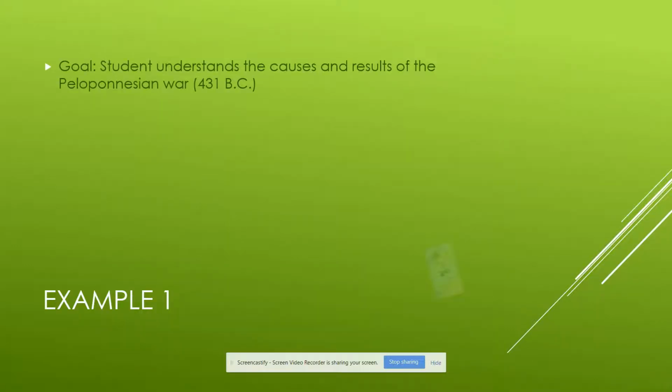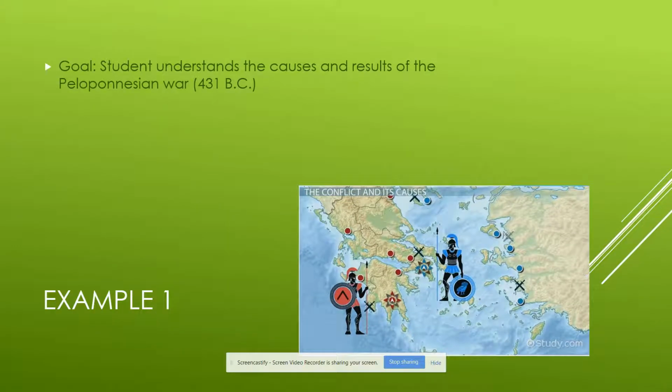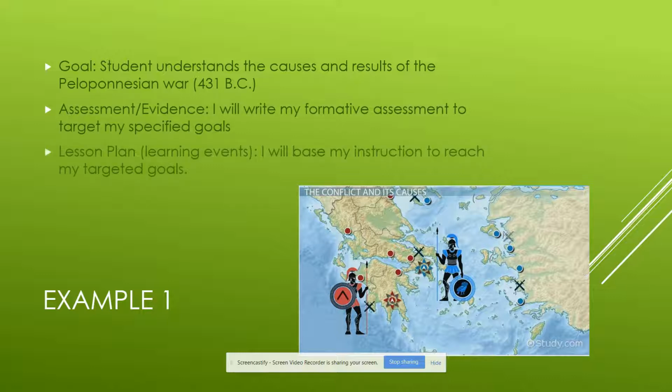A couple of examples we can look at. The first is from my own field in education as a world history teacher. I use this model quite often. A goal is for students to understand the causes and results of the Peloponnesian War in ancient Greece around the 4th century BC. I would start by writing my assessment.